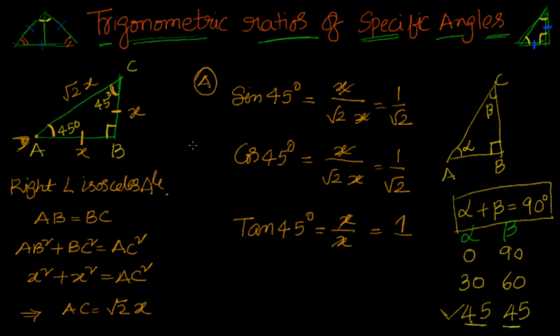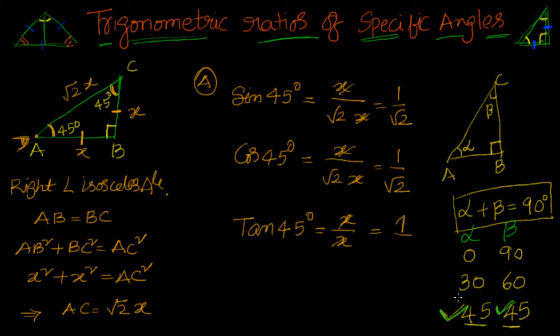If you got cos, you can get secant. If you got tan, you can get cot, because they are exactly opposite. Sine opposite is cosecant, cos opposite is secant, tan opposite is cot. So the mission is accomplished. We together successfully found the values for 45 degrees. That is occasion for celebration.